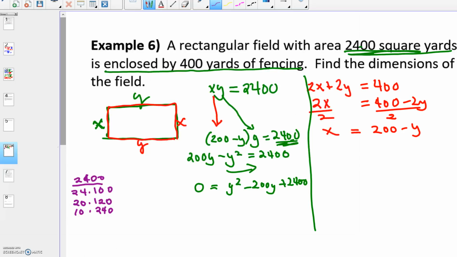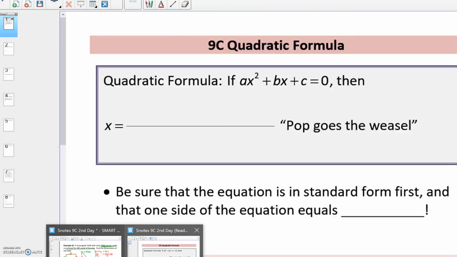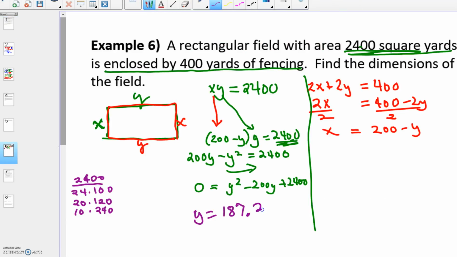Here we have it. So what did I get? 187 for this, so y is equal to 187.2. We'll go ahead with a 0.2 on that. All right, so does that work?